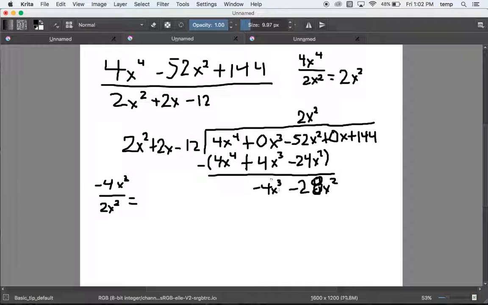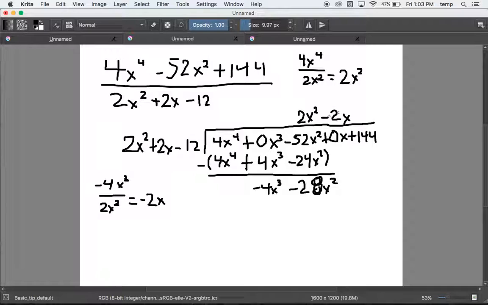Basically what this is accomplishing is we're trying to see how many times 2x squared fits into this number here. Negative 4 divided by 2 is negative 2. x cubed divided by x squared is x. So negative 2x.